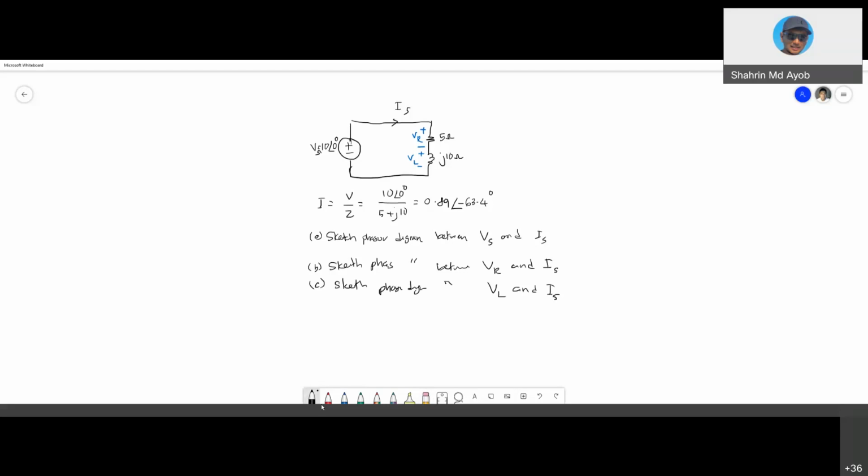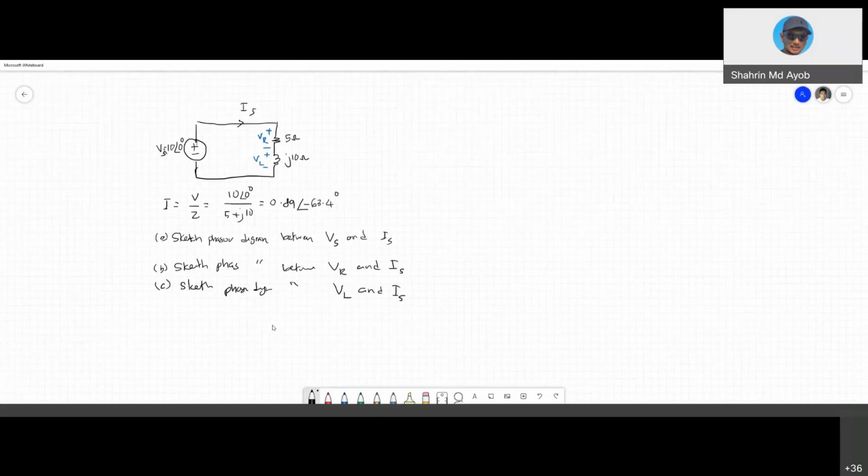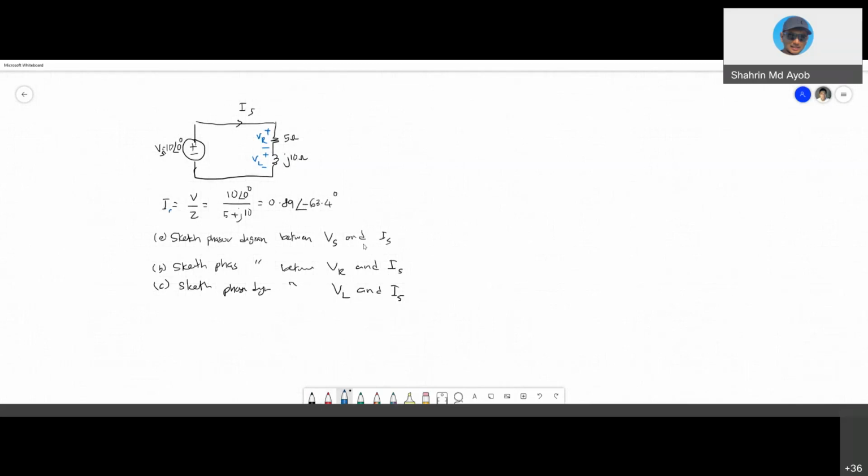Okay, so let's see the first question. Sketch the Phasor diagram between Vs and Is. So Is has been calculated here, V over Z. If you are required to plot, this one is your Phasor plane. So your Vs is this one, 10 with an angle of 0.